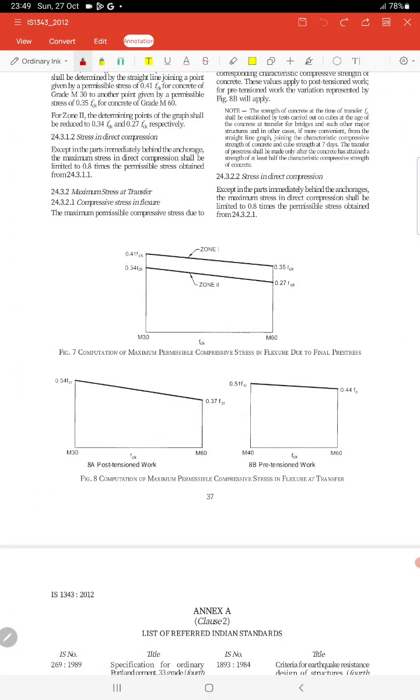this is your IS 1343. So you can see here this figure 7, this is the permissible compressive stress values in service load, and this figure 8 shows the permissible compressive stress values at transfer. The first figure is for post tension work, and the second figure is for pre-tension work.